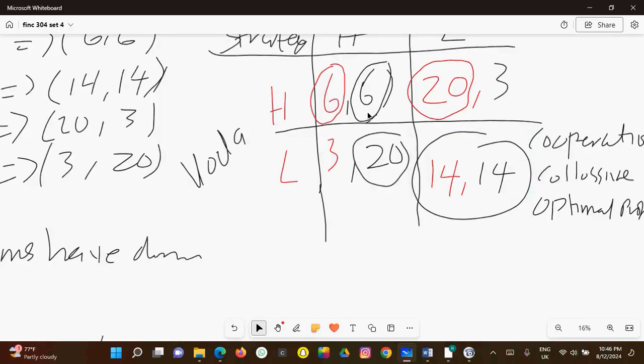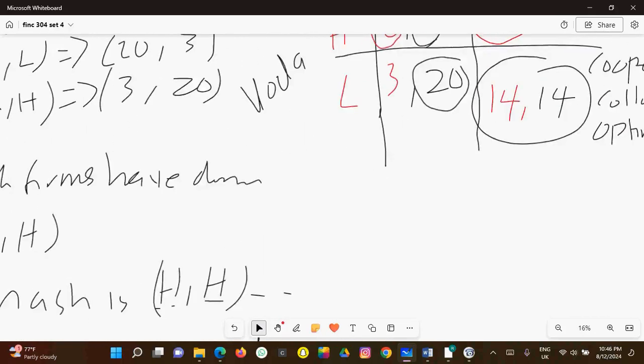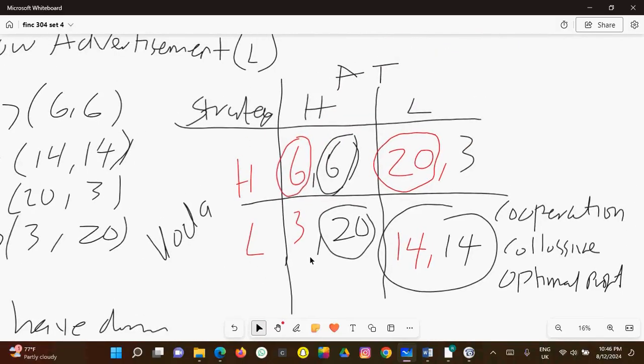Since he wants to move on to 20, then Airtel has to move back to 20. So when Airtel moves back to 20, they are all now going to get 66 million, because now they will all be playing high.